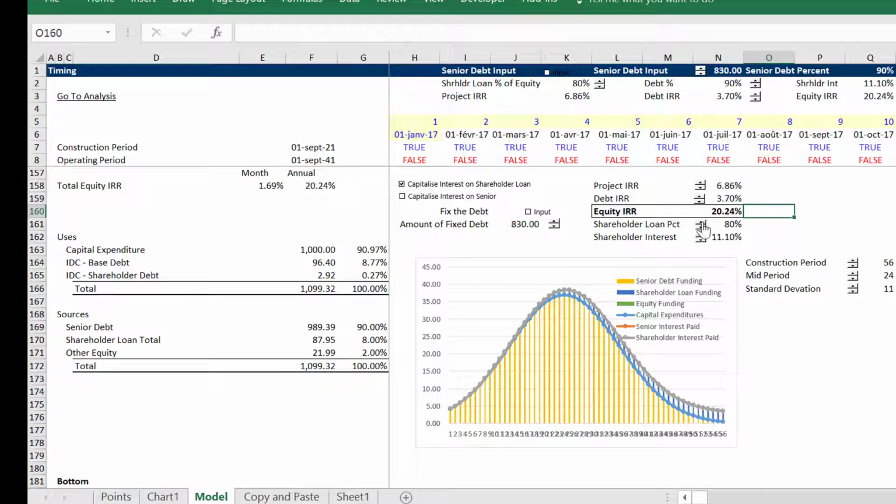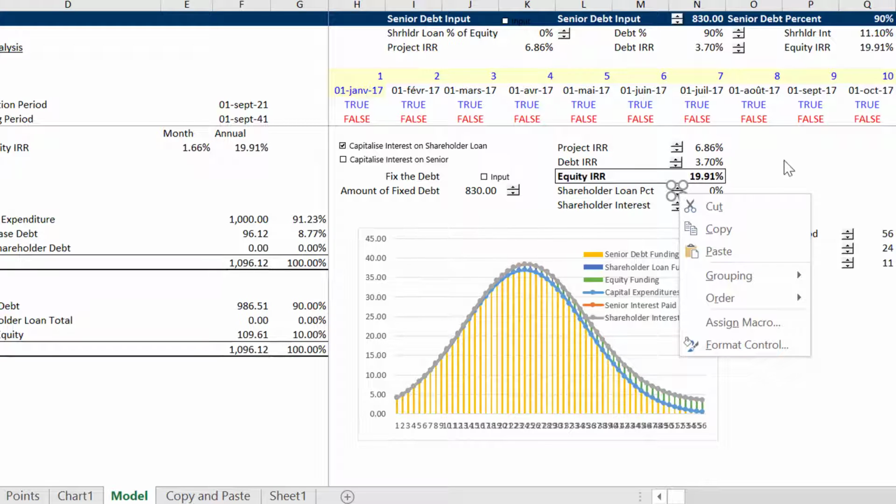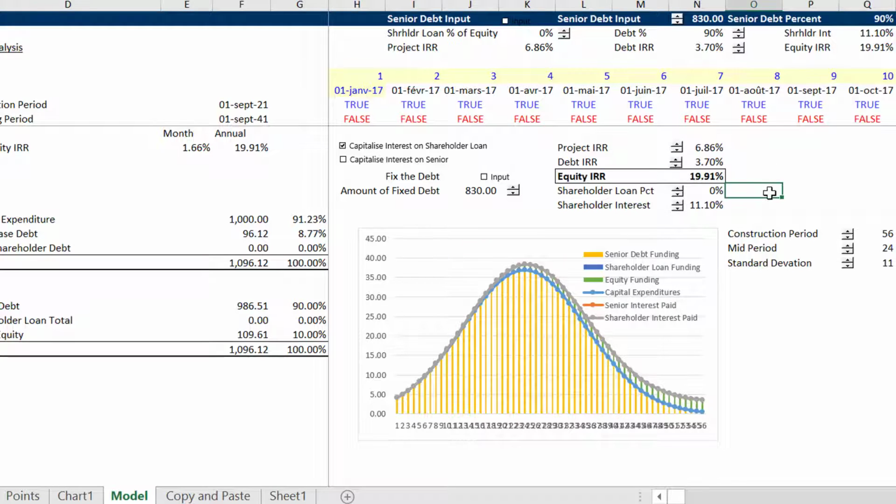It's just like any other gearing issue. I go 20.31 this time, and if I don't have the shareholder loan, come on. Oops. 19.91, there, I'm back. Okay, that's it.